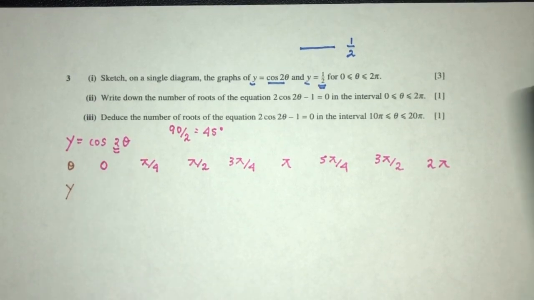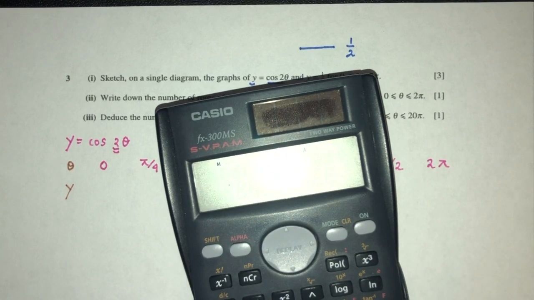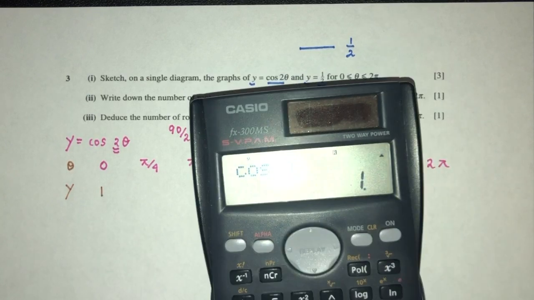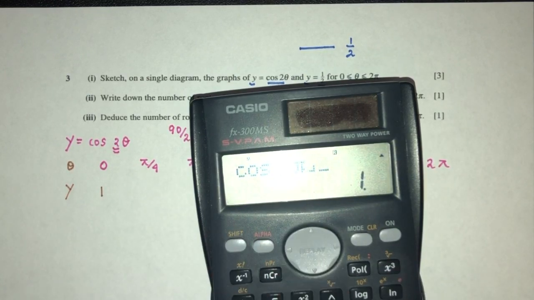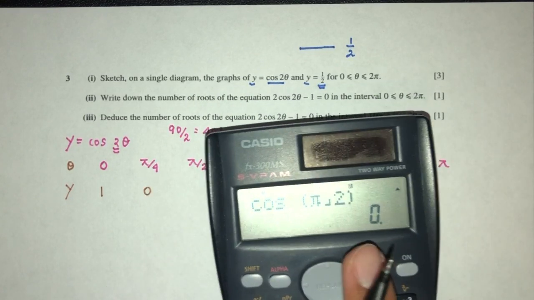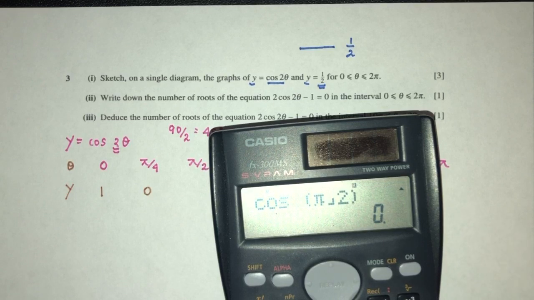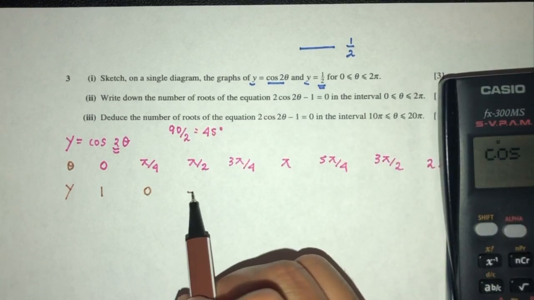Now, when theta is 0, here we have to use radians. Cos of 0 should be 1. Cos of 2 times pi over 4, which is pi over 2, should be 0. Pi over 2 times 2 should be just pi, so that should be minus 1.